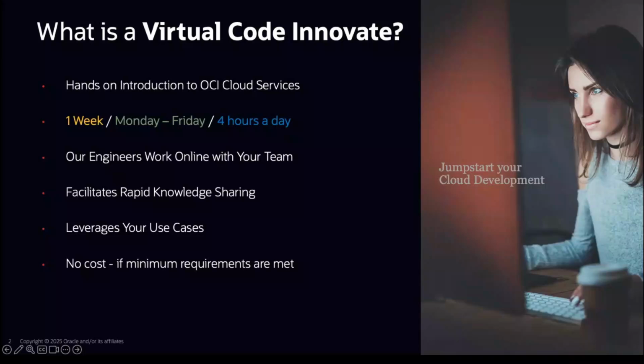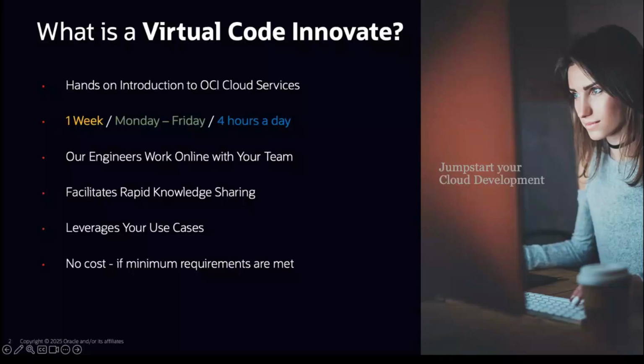So over the course of a week, participants from your team are paired with an Oracle engineer to guide them through best practices and how we approach the process of code development, or building, together. During this time, we're going to brainstorm on the business challenges that you bring to us.